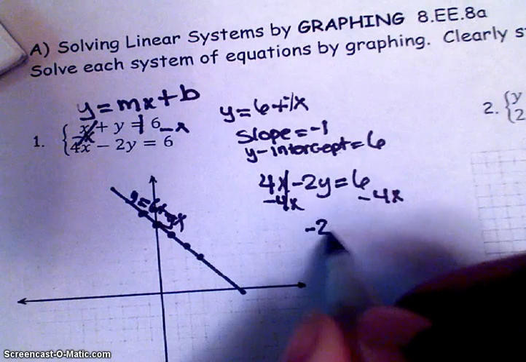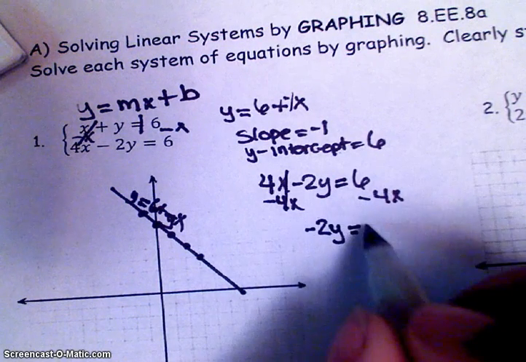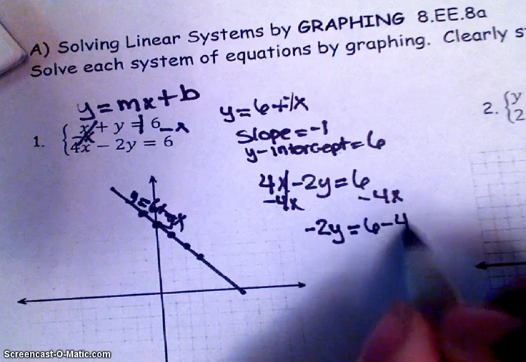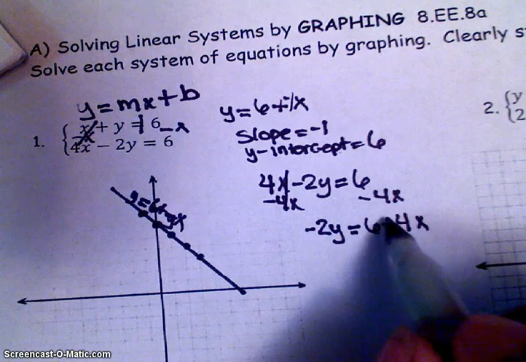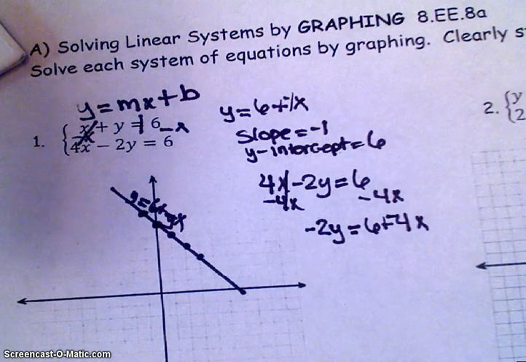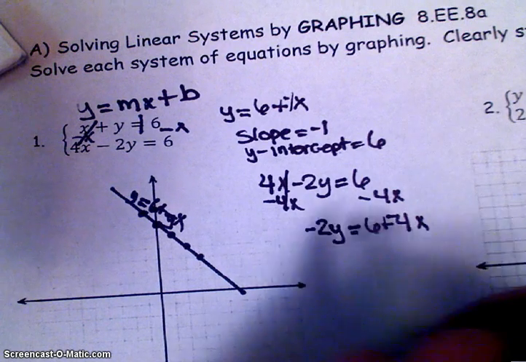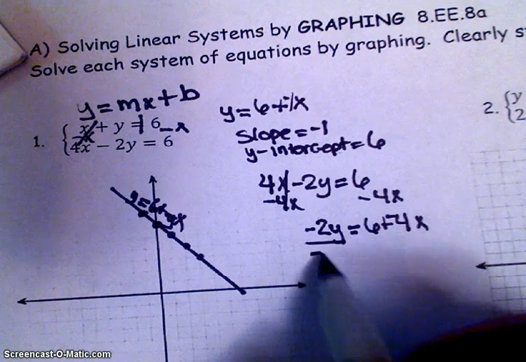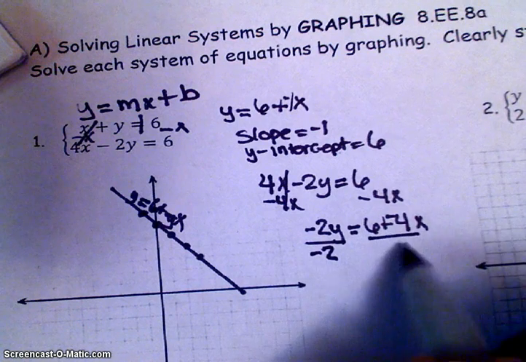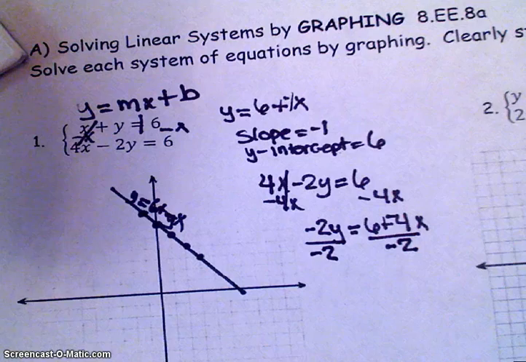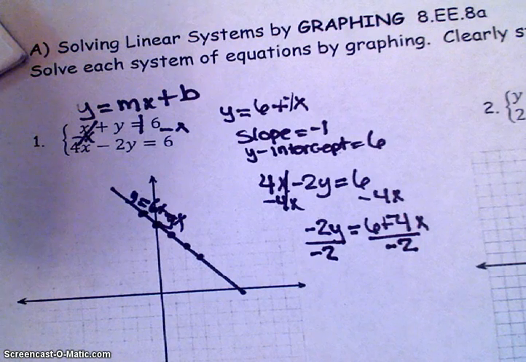I'm left with -2y equals 6 minus 4x. I'm going to change that minus to add the opposite. Y is still not by itself. There's a -2 multiplied to it. So to undo that, I'm going to divide both sides of the equal sign by -2.